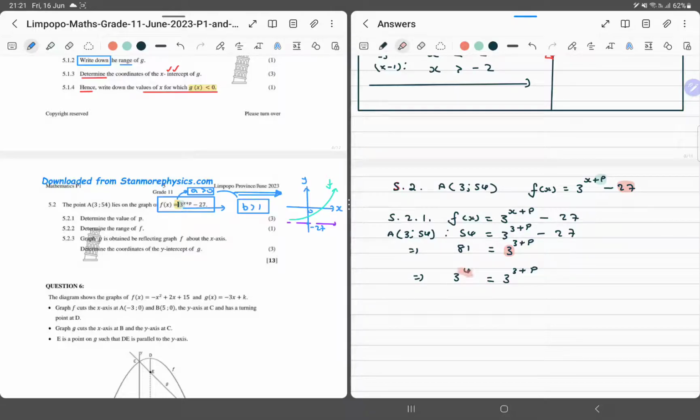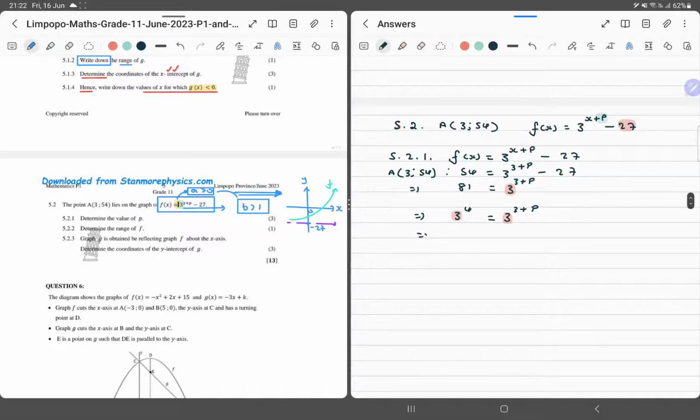Now once our bases are the same, we simply equate the exponents. This implies that 4 is equal to 3 plus p. Therefore, p is going to be 4 minus 3, which is 1. Okay. Now, we were asked to solve for p, so we've solved p. No issues there. Now, how many marks are we scoring there? 3 marks.